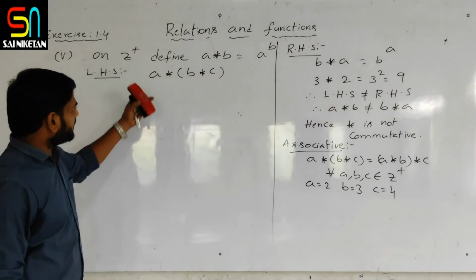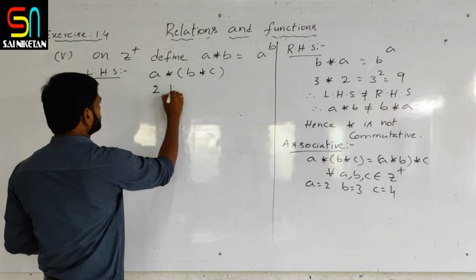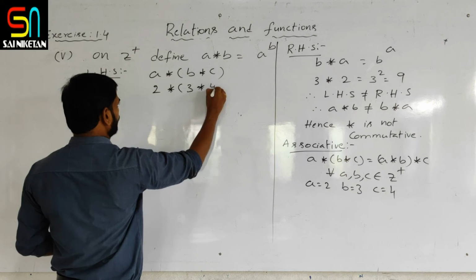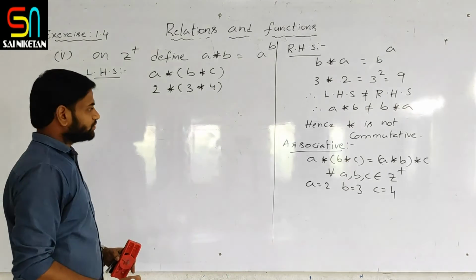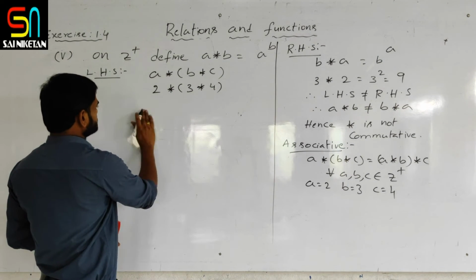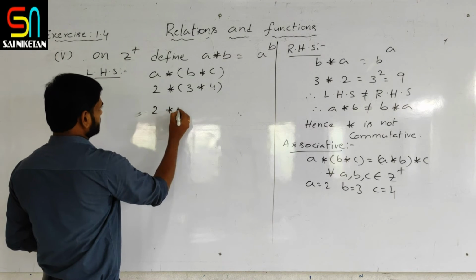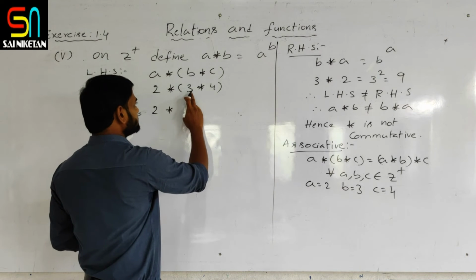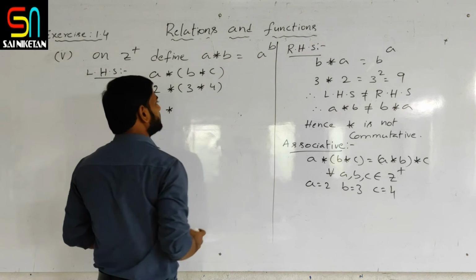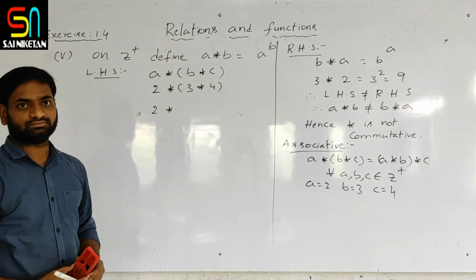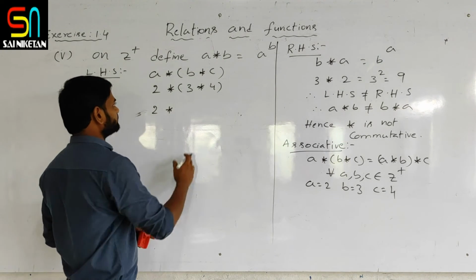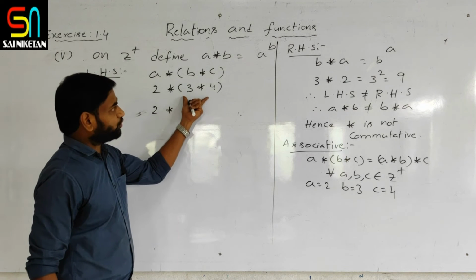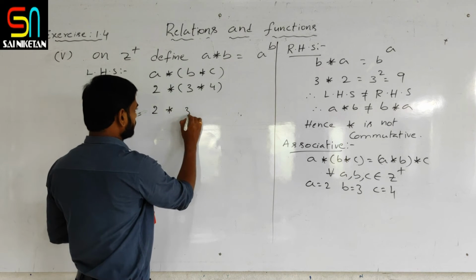Now substitute the values. A is 2 star of B star C, that is 3 star 4. So it is 2 star of 3 star 4. First I have to solve 3 star 4, that is 3 power 4, which is 81.